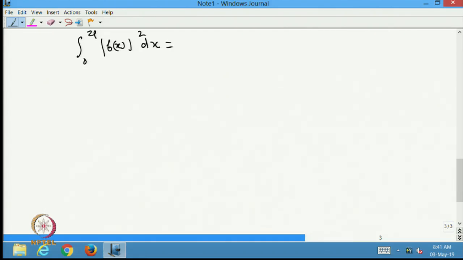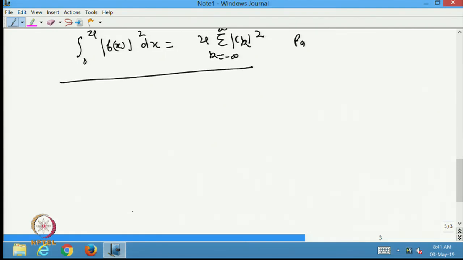One of the other things is that Fourier coefficients satisfy this relation, which is called Parseval's relation. This is also a very famous relation.